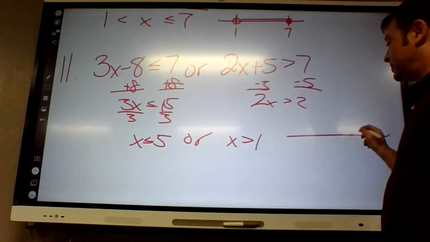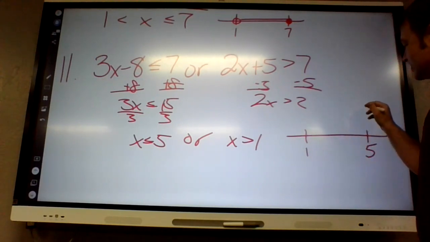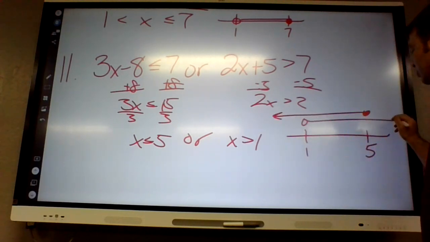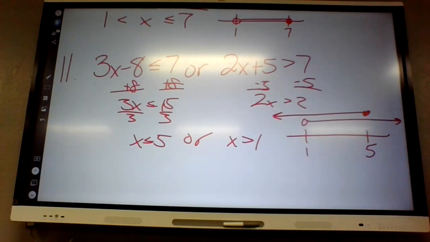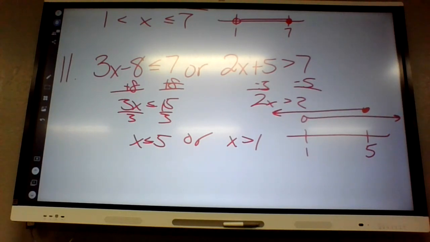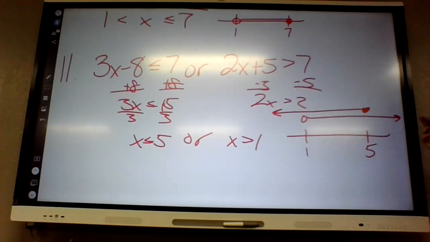So let's do a floating line thing. There's 1, there's 5. X is less than or equal to 5 or greater than 1. What would that include? All the numbers less than or equal to 5 or greater than 1, what would that include?